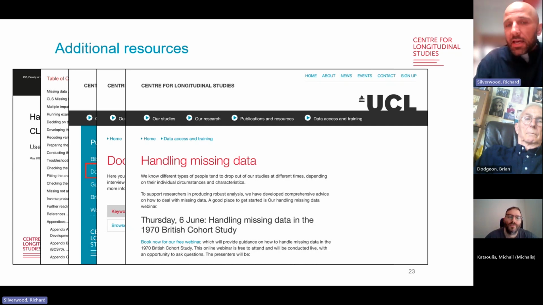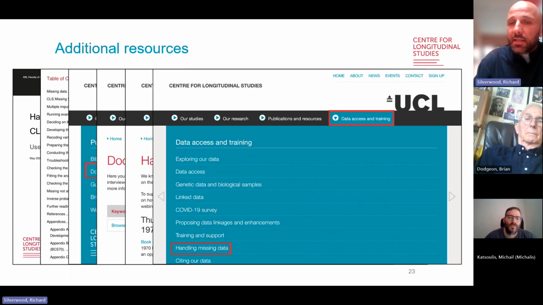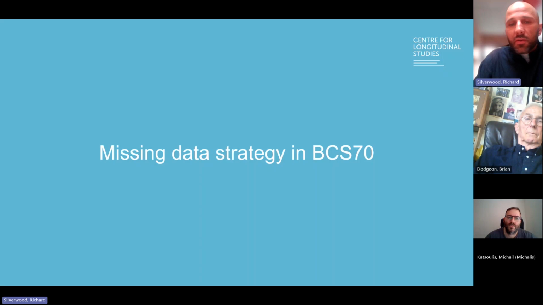So if you come back in a few weeks or months, I think that will have been updated and be a lot more informative. You can access this using the Data Access and Training drop-down menu and clicking on Handling Missing Data. So lots of information is available, and it's going to be updated further in the coming weeks and months.